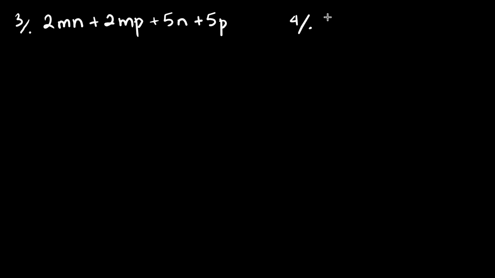So for question number 3, we're going to look at 2mn plus 2mp plus 5n plus 5p. And over here, for question 4, we'll have 4x plus 8y plus 3x squared plus 6xy.